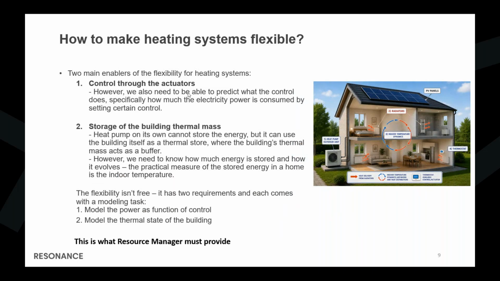But what it can do is use the building itself as a thermal storage. The building mass acts as a buffer where we can preheat or consume more now and heat less later. And this ability to shift the energy in time without breaking the comfort is the real enabler of the flexibility. But again, to use this flexibility, we have to model it.